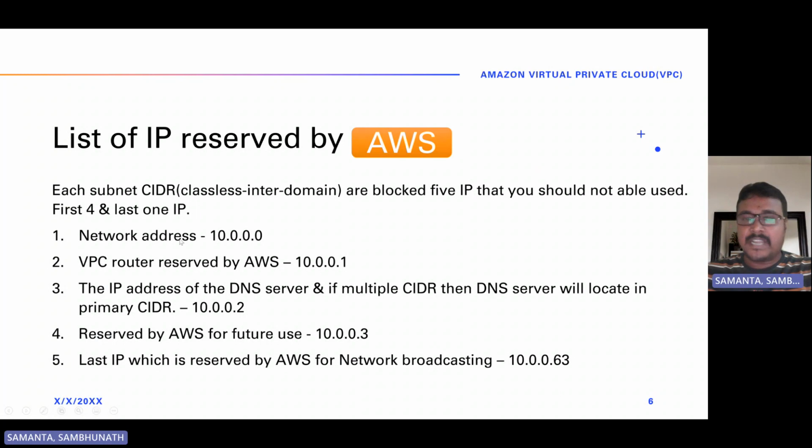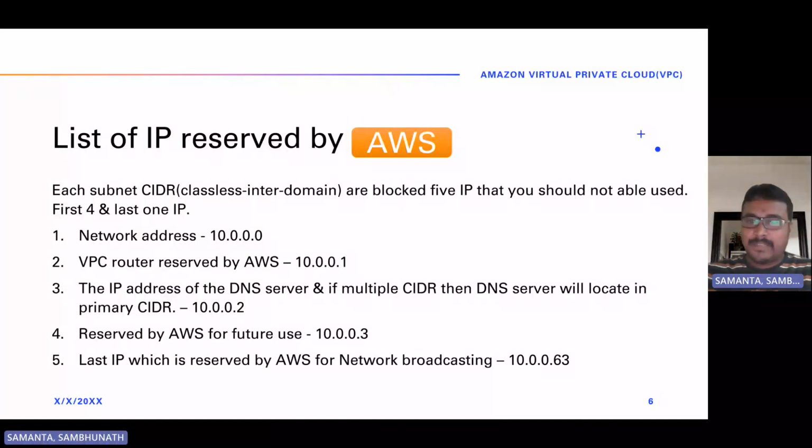I hope you got this CIDR value calculation and the reserved IP addresses clearly. So don't panic. Whenever you are creating a CIDR value, you may think that as per the calculation there will be 64 or 16 IP addresses I can utilize, then where are the 5 IP addresses? Don't get any confusion there. These IP addresses are reserved by AWS.